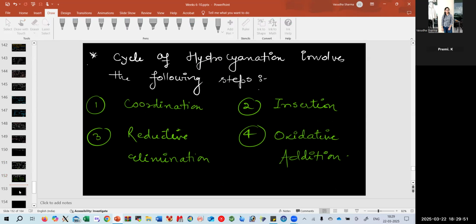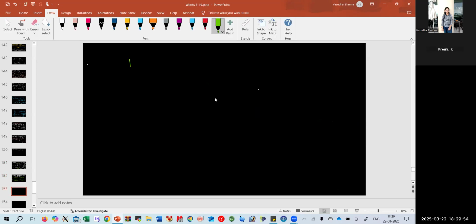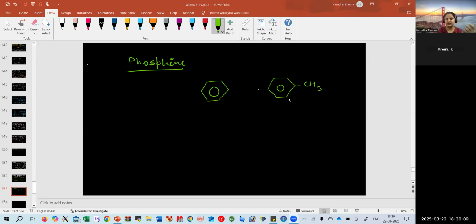So basically, generally when we are talking about a phosphine group, or phosphine oxides also, that matters. You have this benzene, and then when you introduce a CH3 group, that's your toluene. Is that fine?